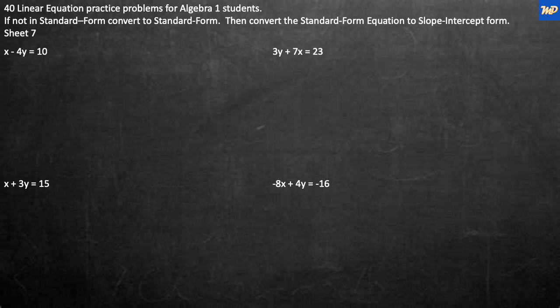The x is positive. They're in the right order: x, then y, and then our constants on the right-hand side. There's no fractions, no decimals. We're in good shape. All we have to do now is move to get into slope-intercept form.